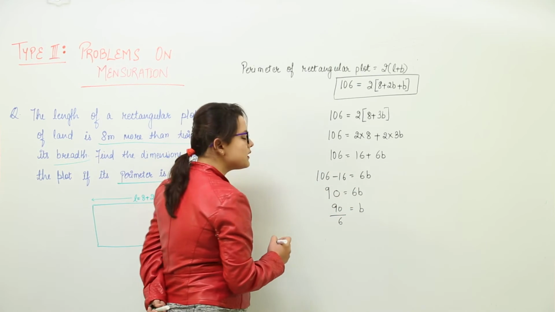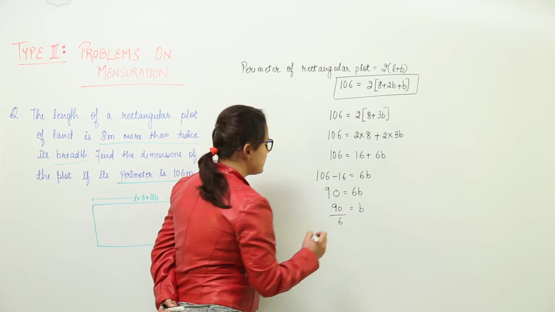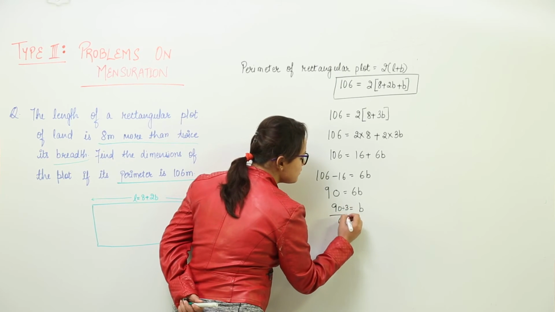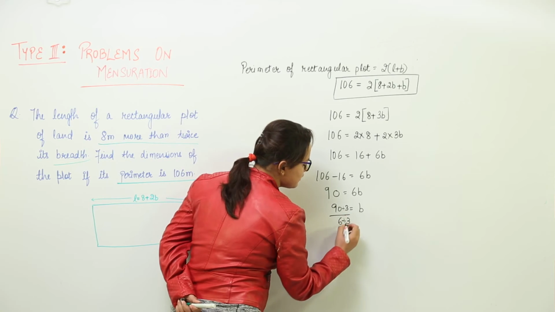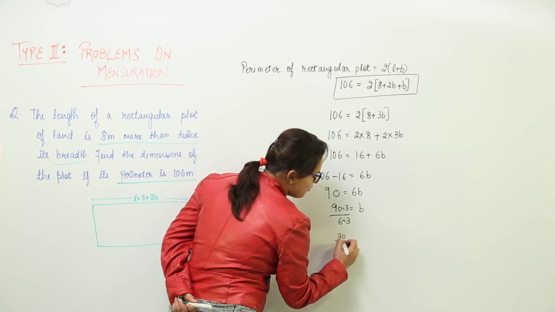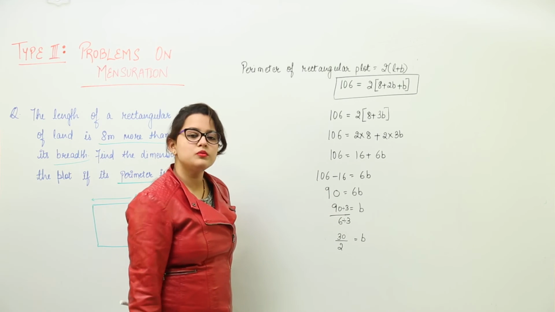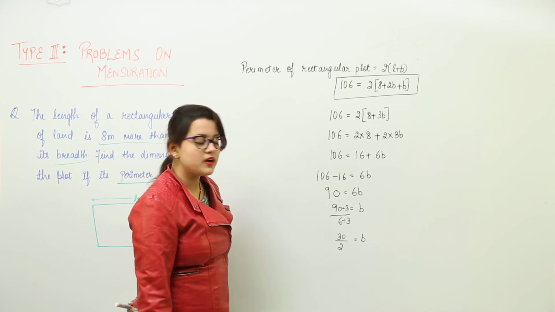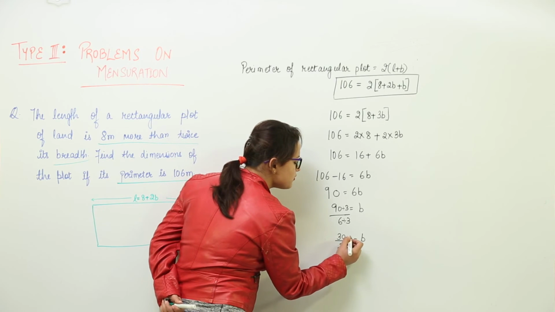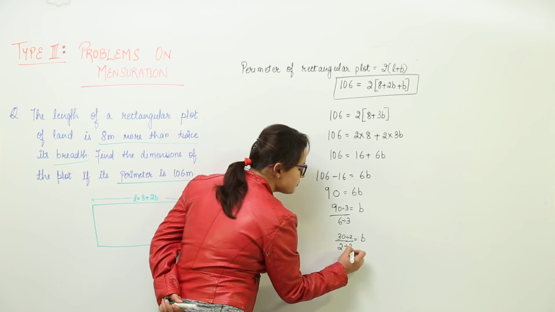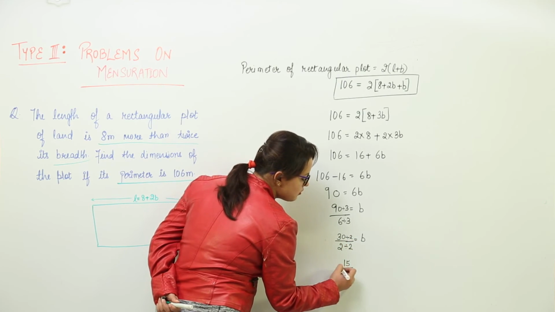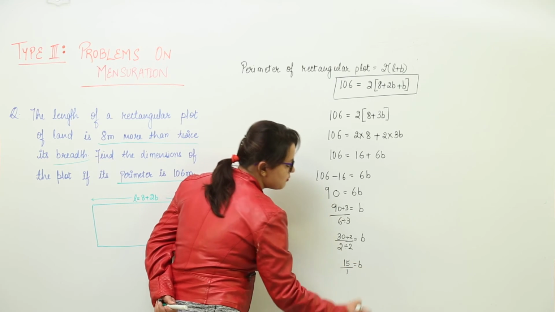We know that both have a common factor, that is 3. So we will divide them both by 3, giving us 30 over 2 equal to B. Still both have a common factor, that is 2. So we will divide them both by 2, giving us 15 over 1 equal to B.